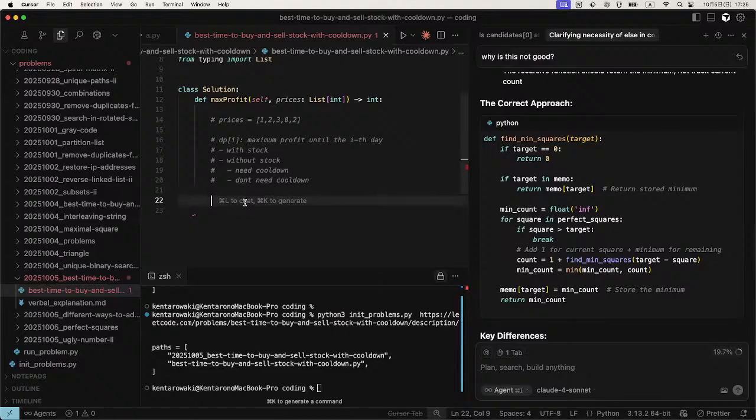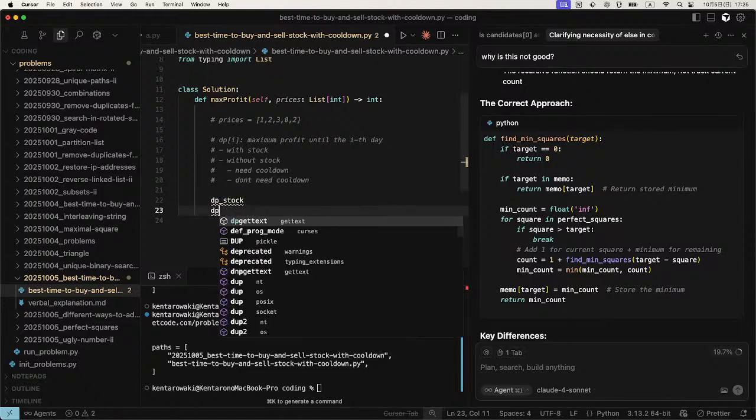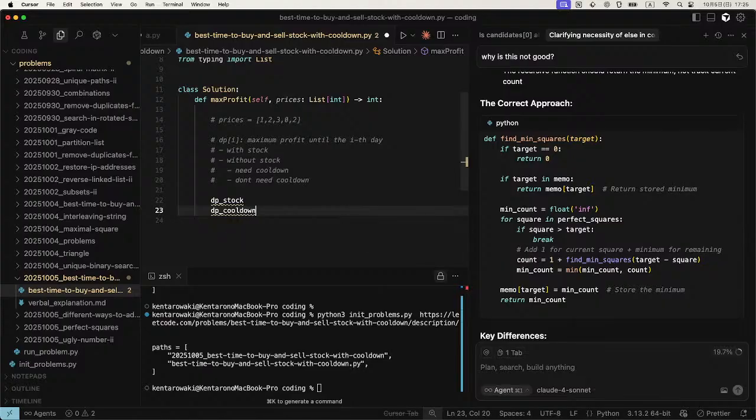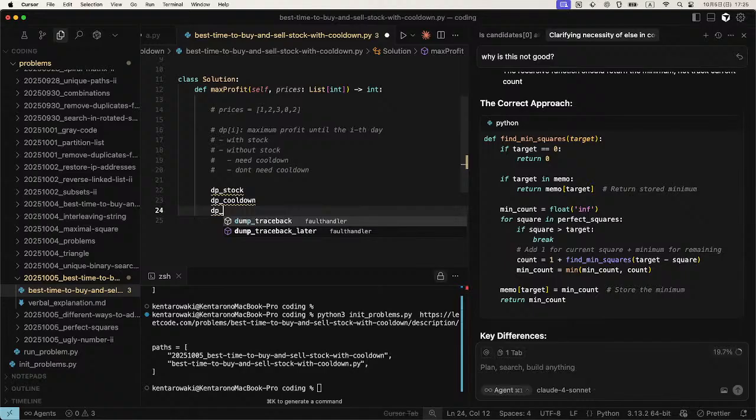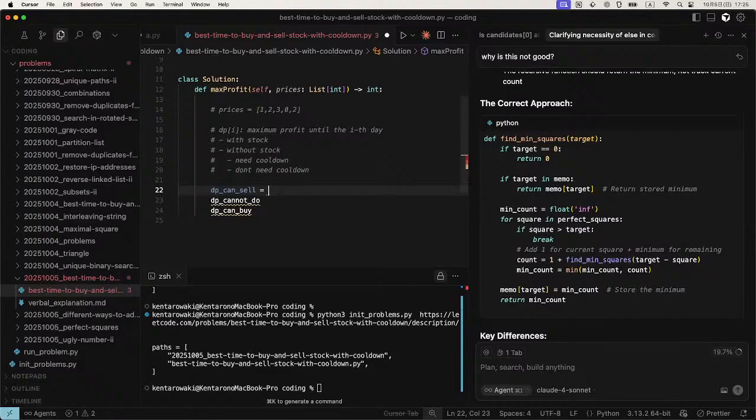So yeah, we initialize the three arrays, one for each state.